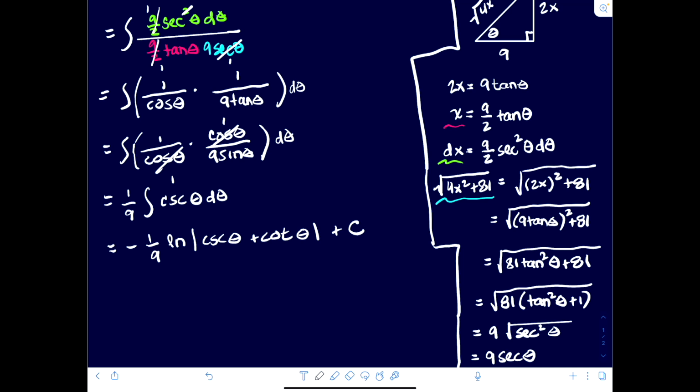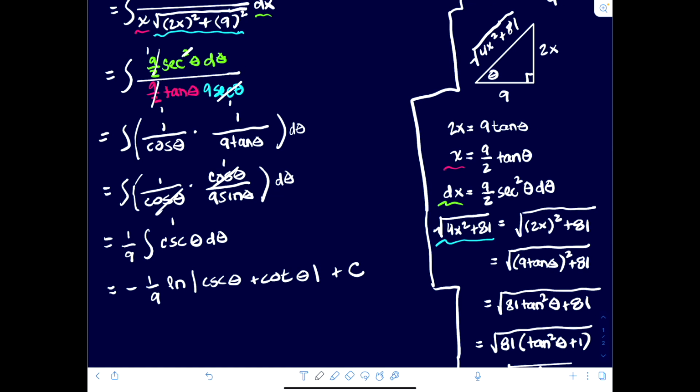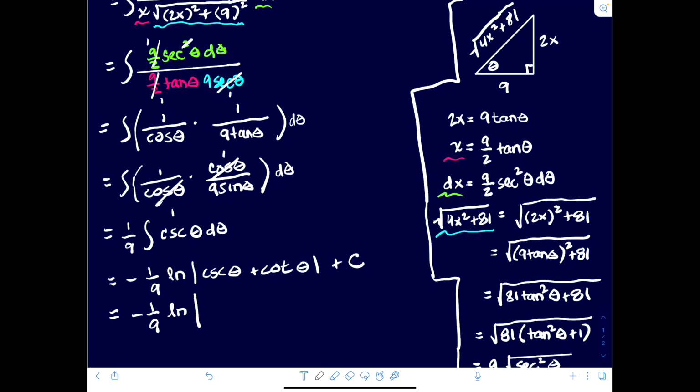And then we use our right triangle trig to find cosecant theta and cotangent theta. So this will be negative 1/9. Cosecant theta will be the hypotenuse over the side opposite, and so we'll have the square root of 4x squared plus 81 over 2x. And then cotangent theta will be the side adjacent over the side opposite. So we'll have 9 over 2x plus our constant of integration.